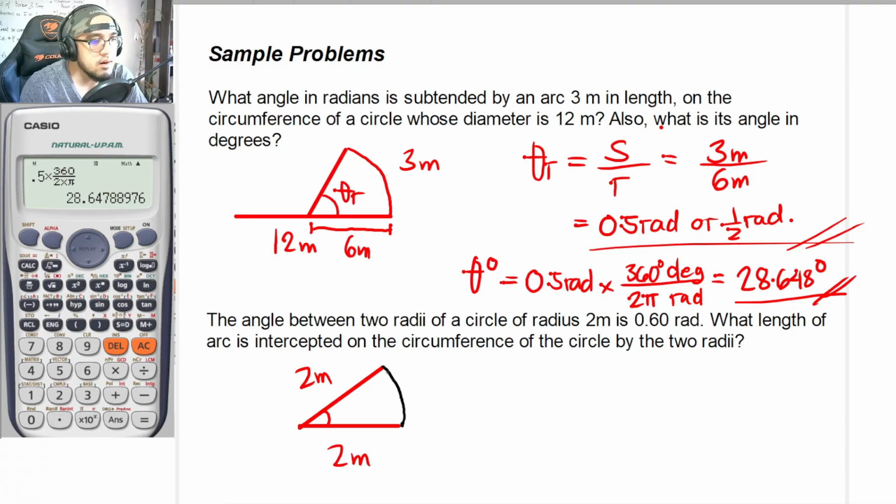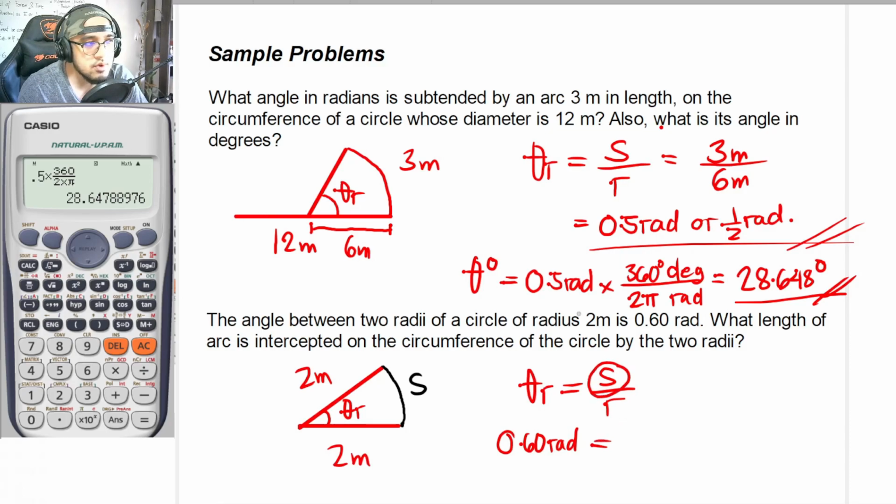If this is now to be the arc, arc is now to be S. And once again, we can say that the angle in radians is equal to S divided by R. We already know the value for our radius, and we also know the value for our theta R. For theta R, that is 0.6 rad. So 0.6 rad is equal to S, we do not know that yet.